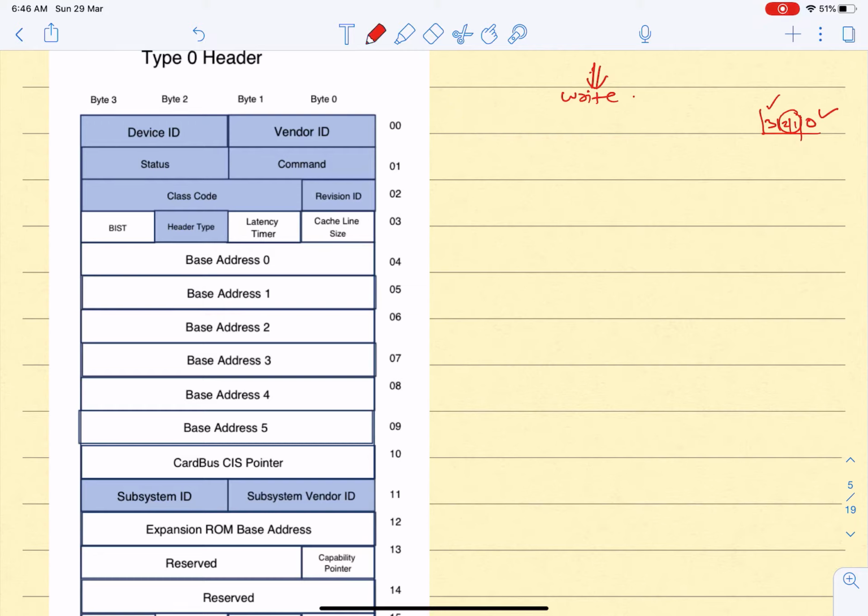And then this is the 31st bit. So what the host does is, using software, it will write 1 in all memory locations.